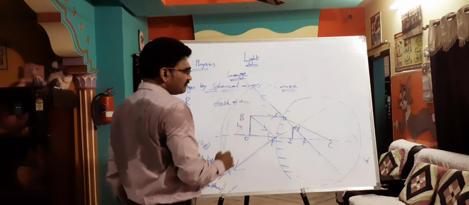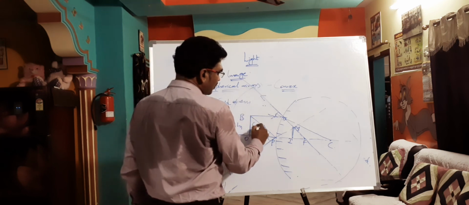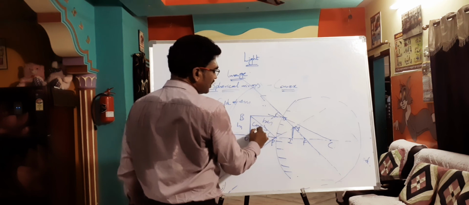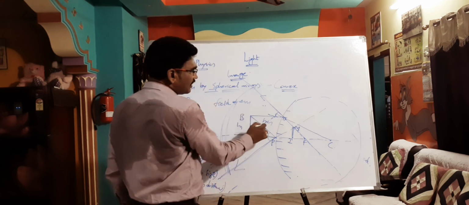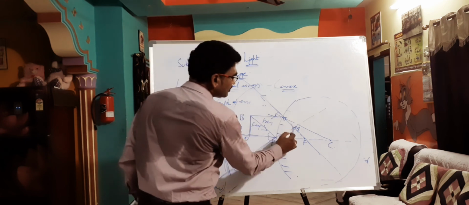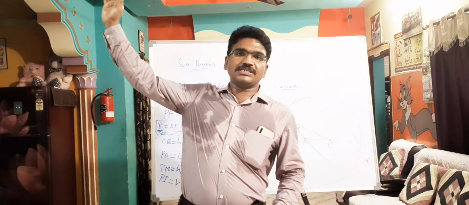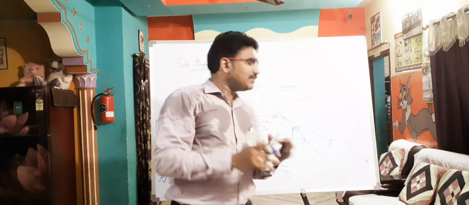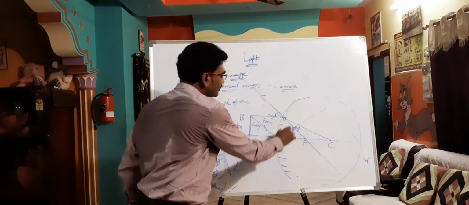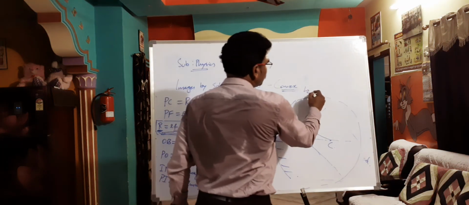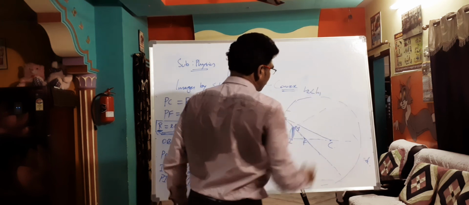Now for example a car is there, a bus is there. This car or bus appears small in the mirror, because here H2 is less than H1.